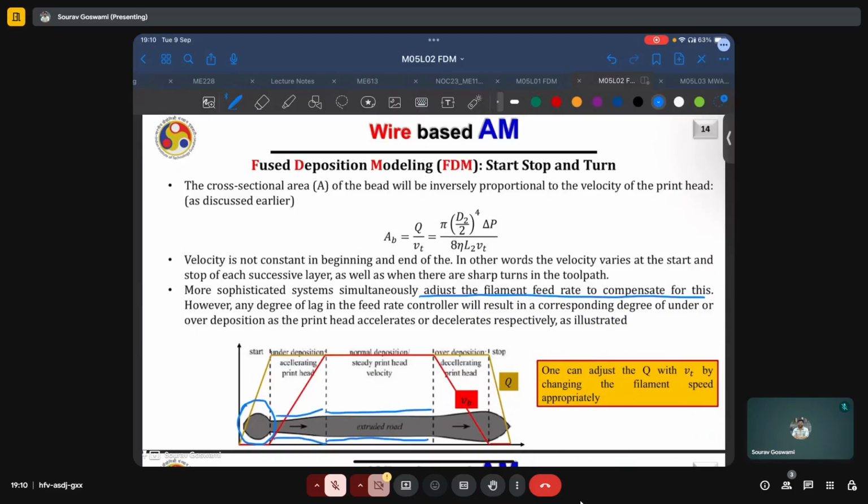However, with latest innovations in FDM technology, adaptive nozzles with variable cross sections have been developed, where the cross section of the deposition nozzle can be varied in real time, say while turning a corner or at the start or stop of the process, to ensure consistency of bead width.